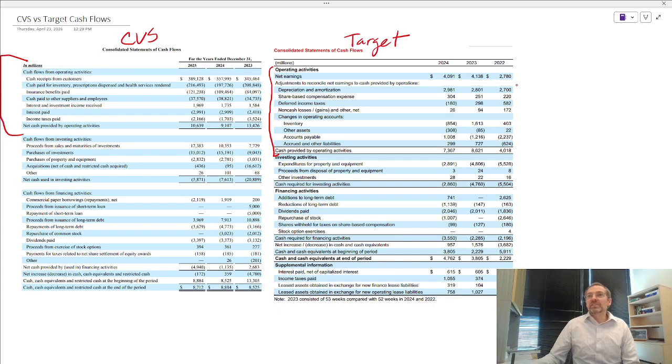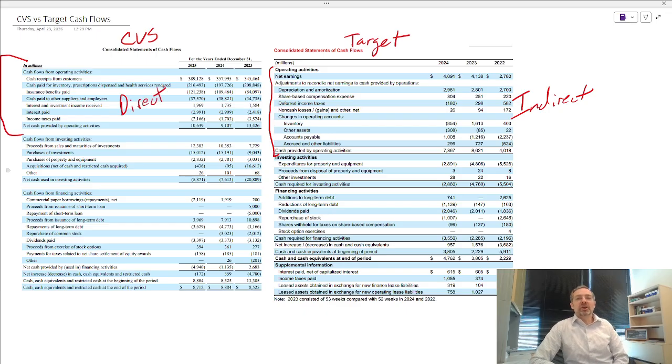The method that Target used is called the indirect method. And CVS uses the direct method. The direct method is encouraged by accounting standards because it is very easy for investors to read. We can easily answer questions like how much cash did we get from customers or how much did we pay our suppliers. Very easy to find the answers to those questions. The indirect method, we cannot answer basically any of those questions.